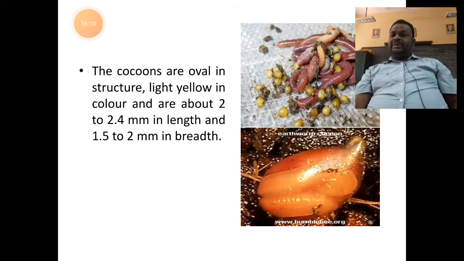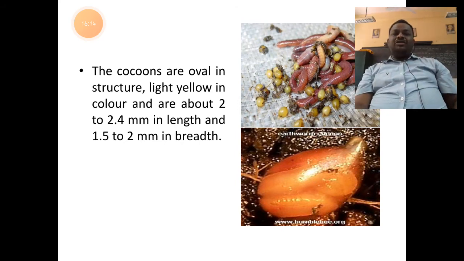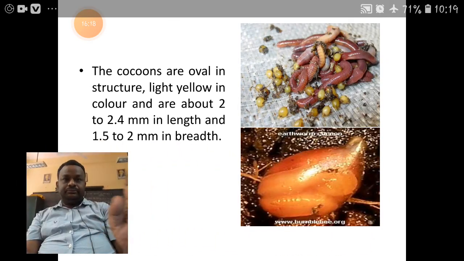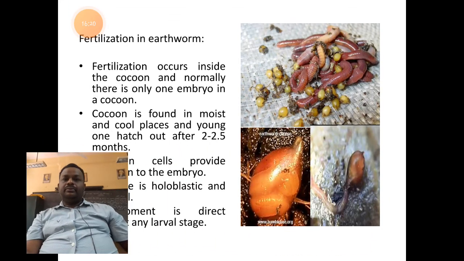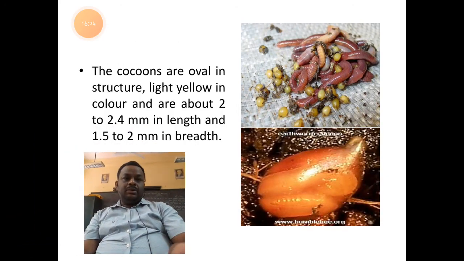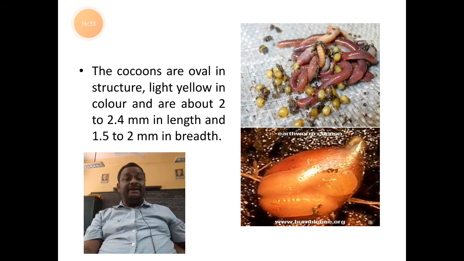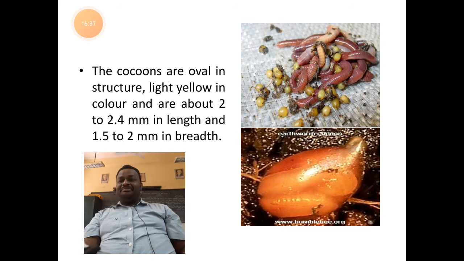Now, after the cocoon formation, the process of cross fertilization takes place. Fertilization, or fusion of male and female gametes, takes place inside the cocoon, but outside the body of the organism.